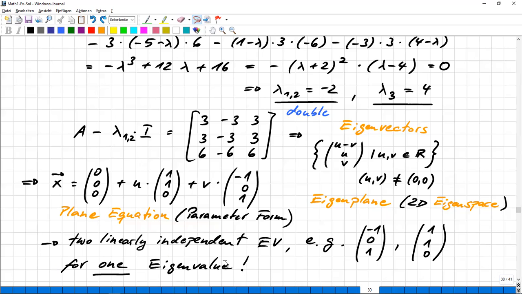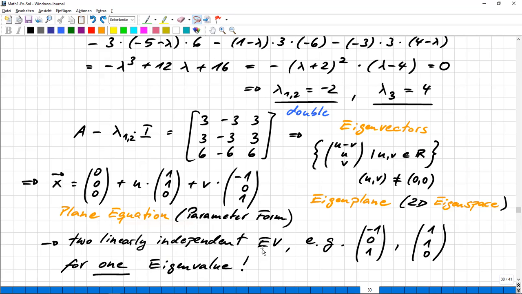Because if you take linear combinations of two, just imagine you would find two eigenvectors by chance which fulfill the eigenvalue -2, and then you would take any linear combination of these, and due to the linearity of everything we are doing here, you will find that the new vector again is an eigenvector to this eigenvalue. So it's no surprise that we have a whole plane of eigenvectors.